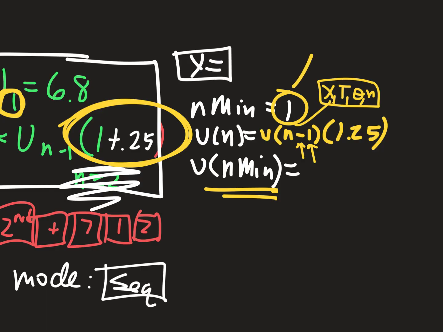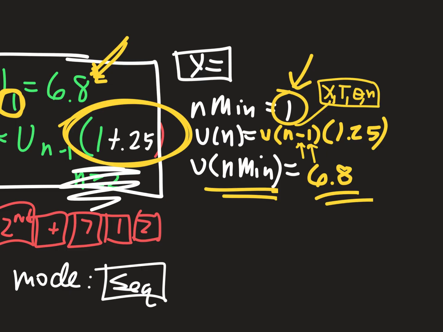And n min is 1, so that's really u sub 1. And u sub 1 is 6.8. So the last thing you put in is the first number of the series. I think there's some irony there. The last thing you put in is the first term of the series. There it is.